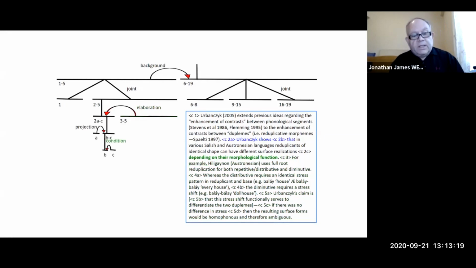All right, now let's take it apart here, 2A through C. 2A, Urbanchik shows. What did I say that was? Projection. And then you have a that clause: that in various Salish Austronesian languages, reduplicants of identical shape can have different surface realizations, 2C, depending on their morphological function.